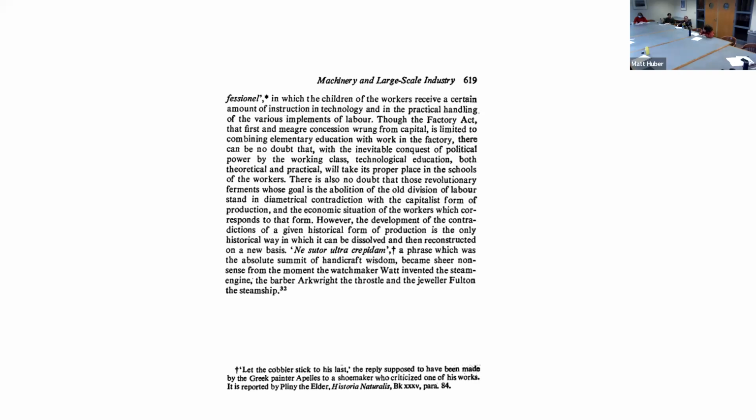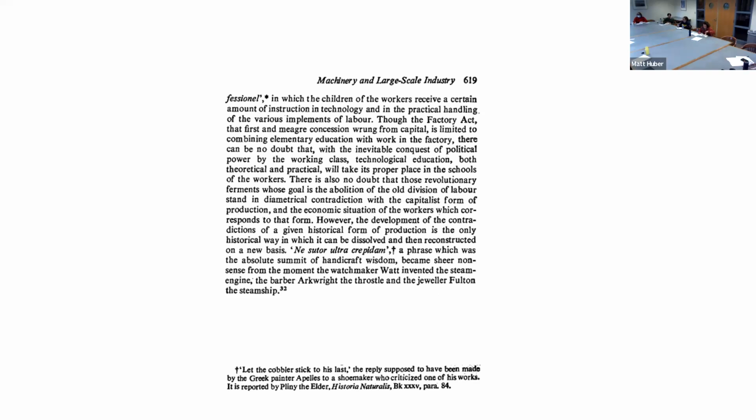There can be no doubt that with the inevitable conquest of political power by the working class, technological education, both theoretical and practical, will take its proper place in the schools of the workers. The word inevitable is very strong language. So in this factory law, there is a little germ of an idea that education should be something universal for the whole working class, generalized for everyone.